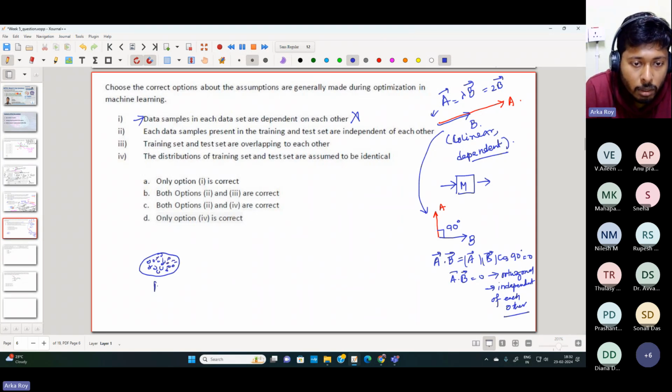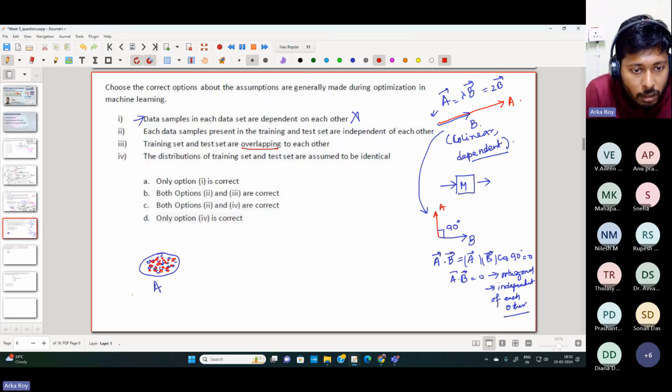Let us consider you have two classes, class A and class B. So what they are saying is that they are overlapping. Overlapping means like this. So this is the situation.